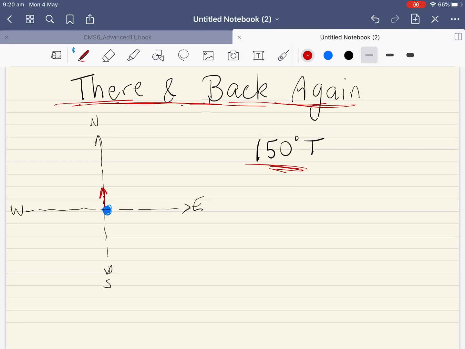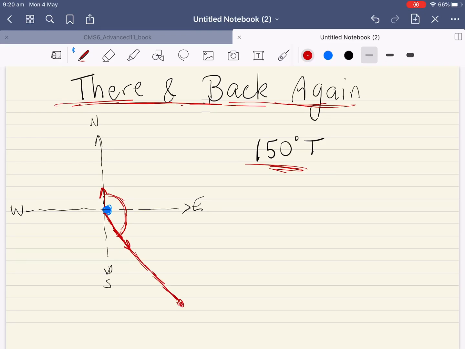Okay, so let's start turning our hobbit here. There's 90 degrees. We need like an extra, what is that, like 60 degrees? Okay, this sort of a rotation here. So now the hobbit is facing in this direction. And if the hobbit then went on that particular journey, this is the direction he's traveling in.